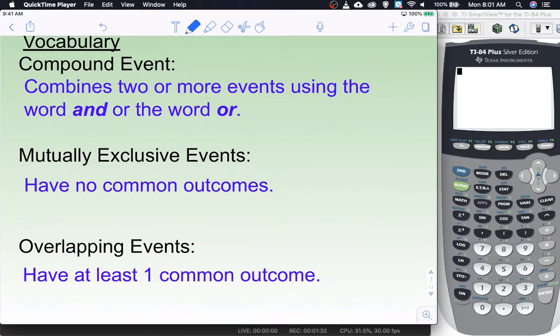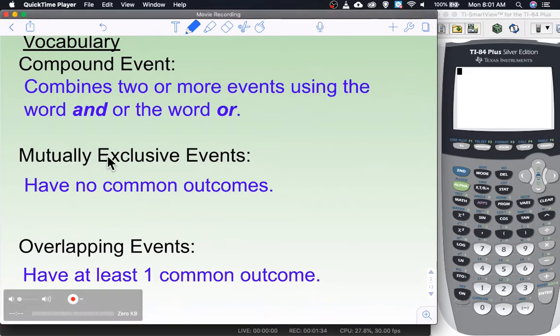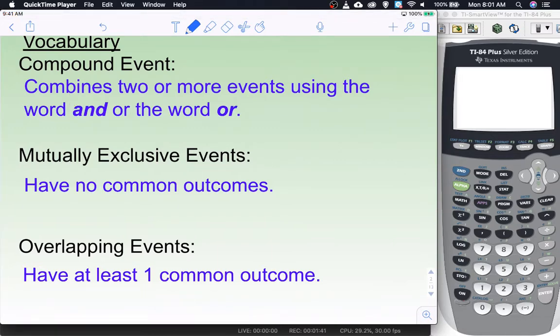Okay, a couple vocab words. I think there's a couple more on the next page. So a compound event. Well, if you know what the word compound means, a compound, like in science class, is when you have a couple different elements and they're pushed together. A building can sometimes be called a compound if it's made up of a bunch of smaller buildings that are then attached together.